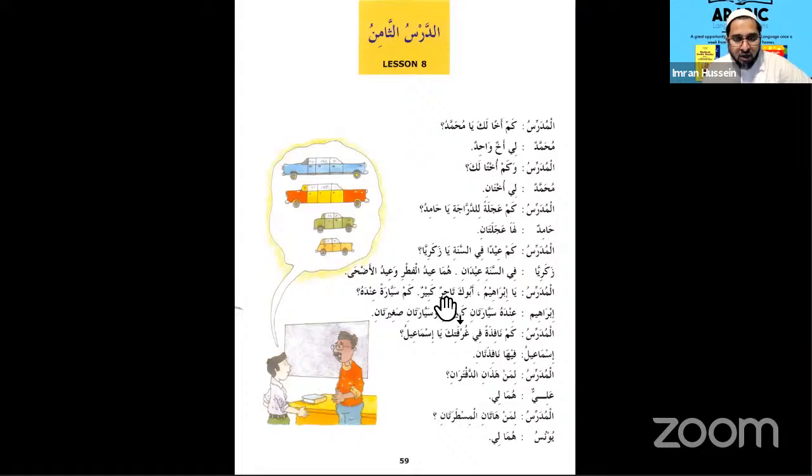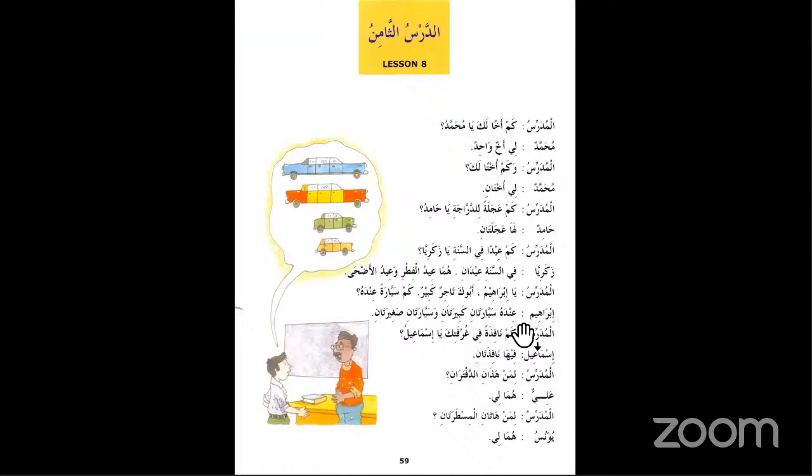Both of them are adjectives. So your father is a big merchant. Then kam sayyaratan. Sayyaratan has two fatha tanweens because it's the thing which you're counting. Clear? Brilliant. Sister Masuma, continue.